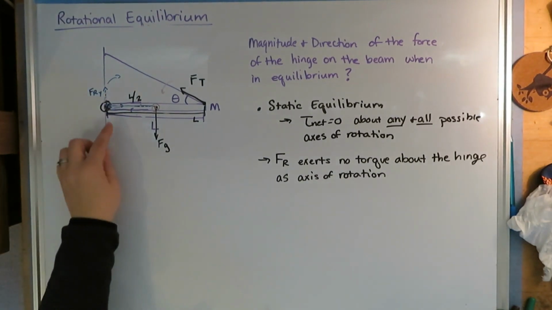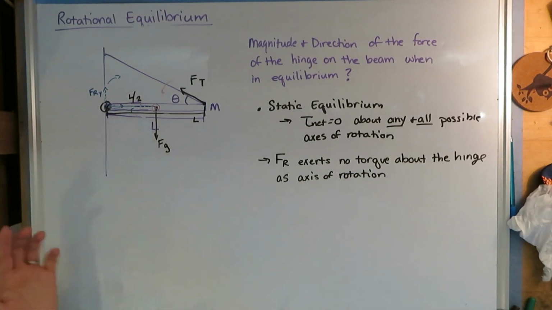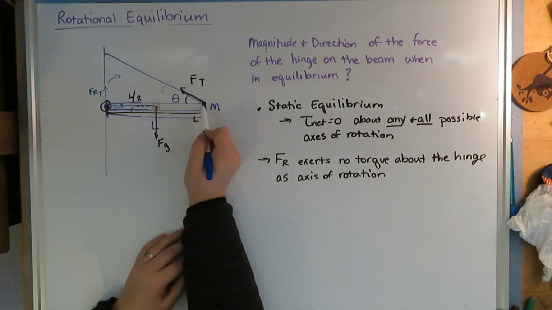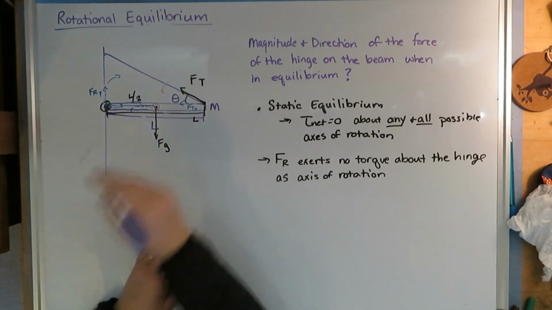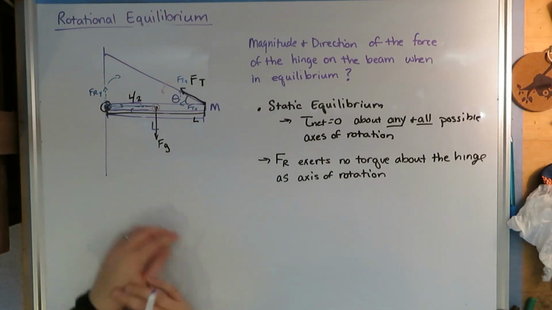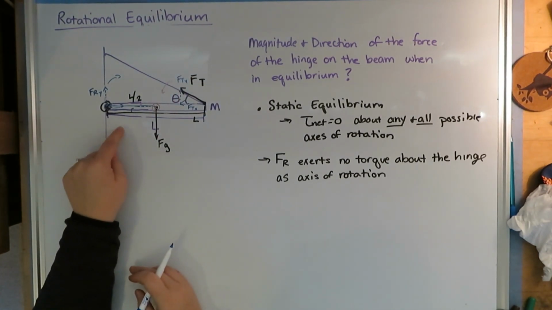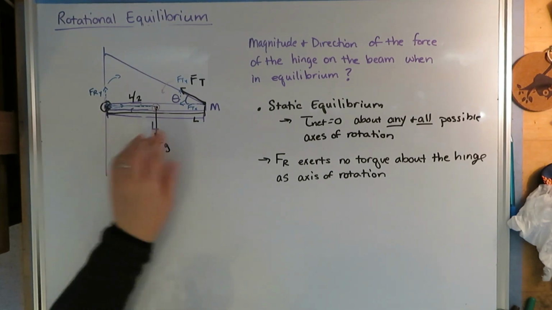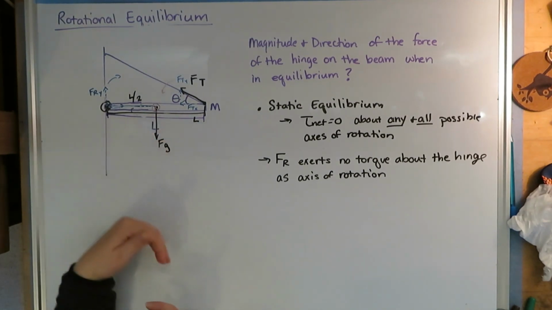Now, does it have to have a horizontal component? Well, that I can actually look at my force balance. Because this tension force has an x component and a y component, I know that this resistive force is going to have an x component, because the gravitational force here is pointing straight down.